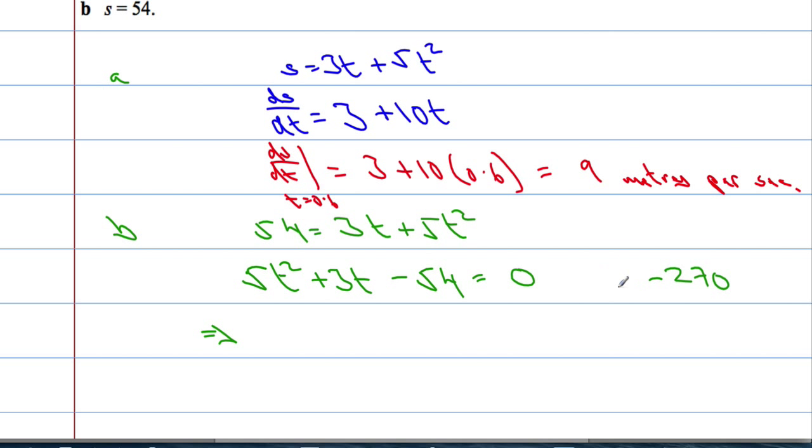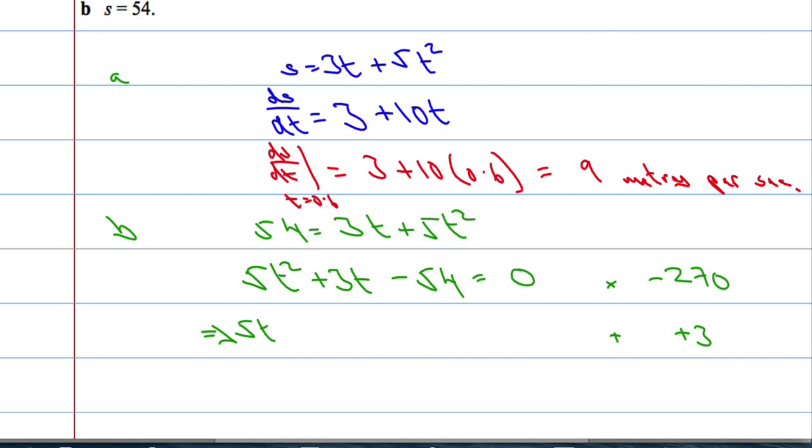So we need two numbers that multiply to make negative 270, but add to make positive 3. With a little bit of thought, I got 15 and 18.